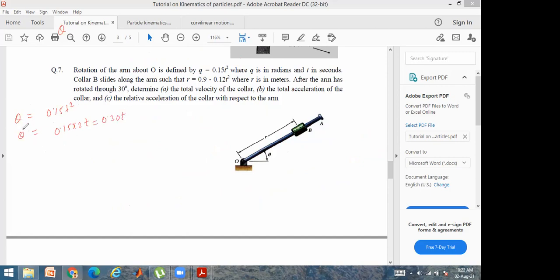Theta double dot equals 0.30. These are in radians, radian per second and radian per second square, and theta is in radian.